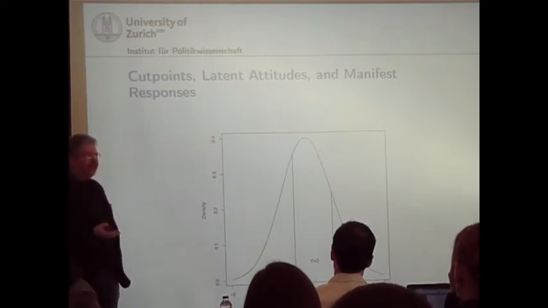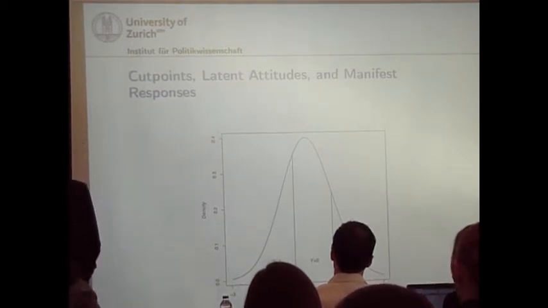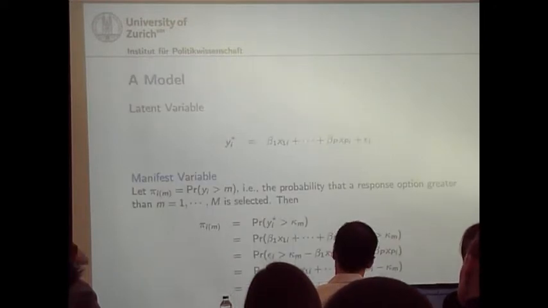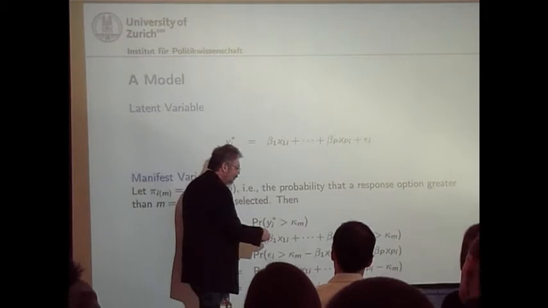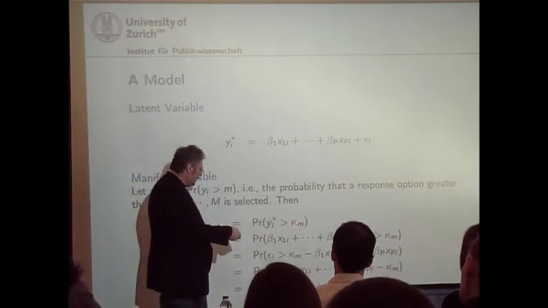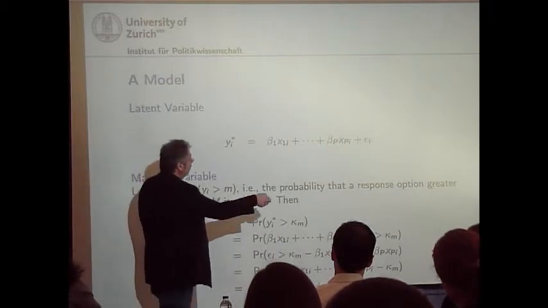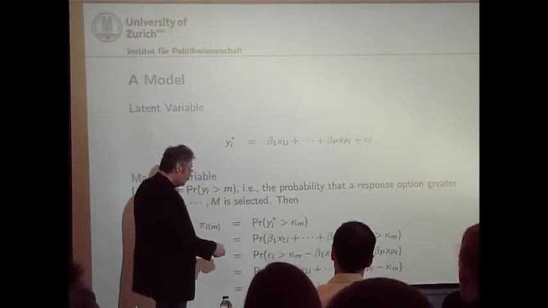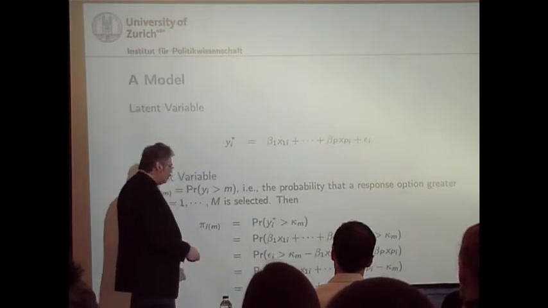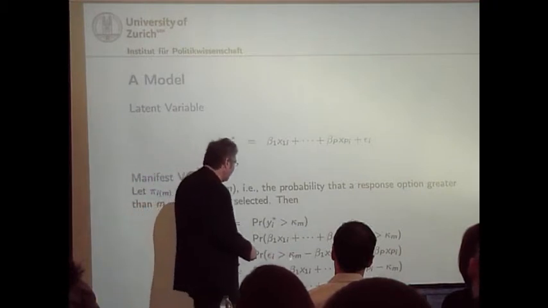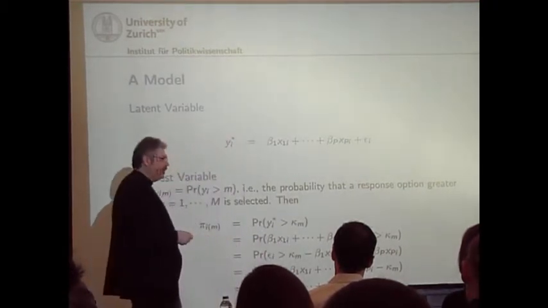So, more generally, if your response has to exceed m, some category, then your y star should exceed the threshold associated with that category. And then we just substitute this equation for y star. Then we rearrange terms a little bit, so we get epsilon greater than kappa m minus all of these effects of the predictors.